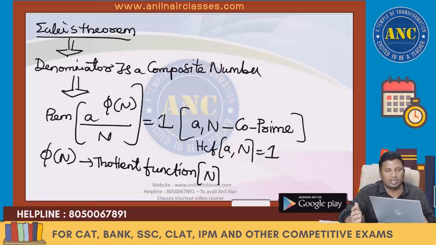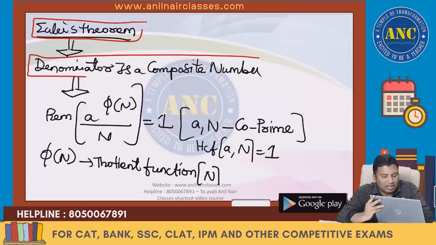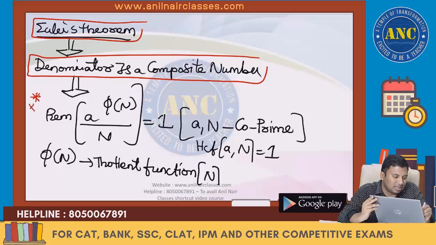First, write down this Euler's theorem. What is Euler's theorem? Euler's theorem is used when the denominator is a composite number. If the denominator is a composite number, you can use Euler's theorem. What does that theorem state? Theorem says that a power phi of n divided by n is 1.